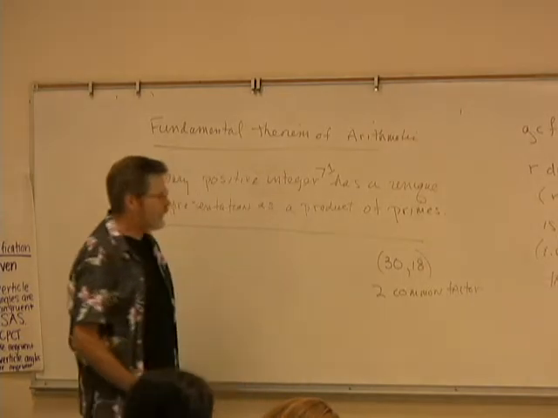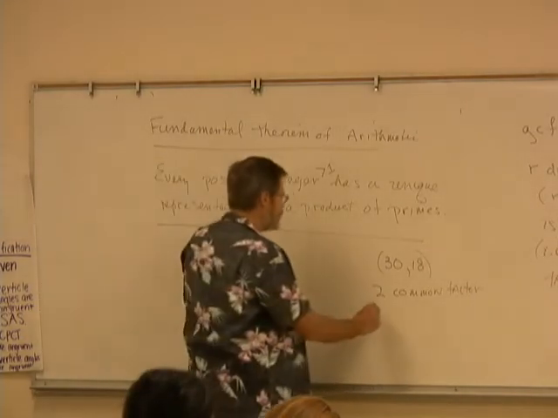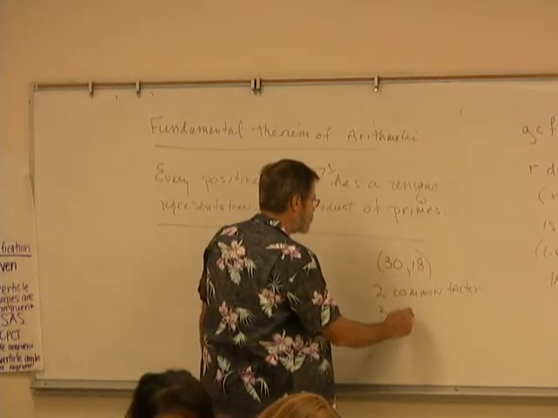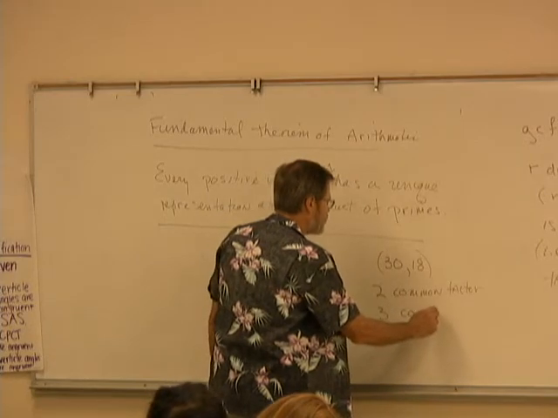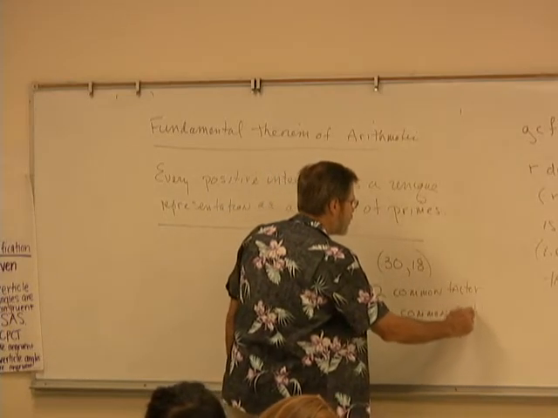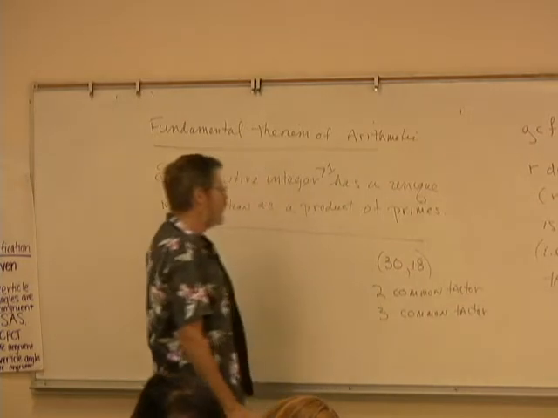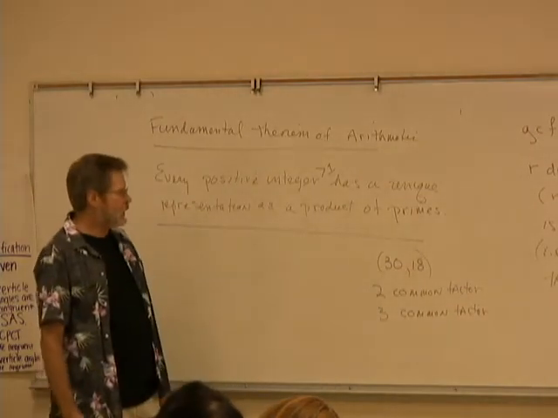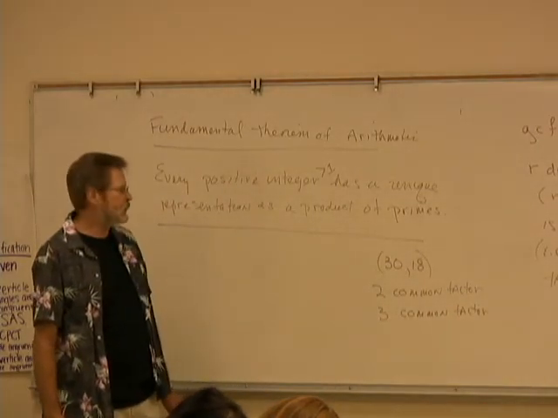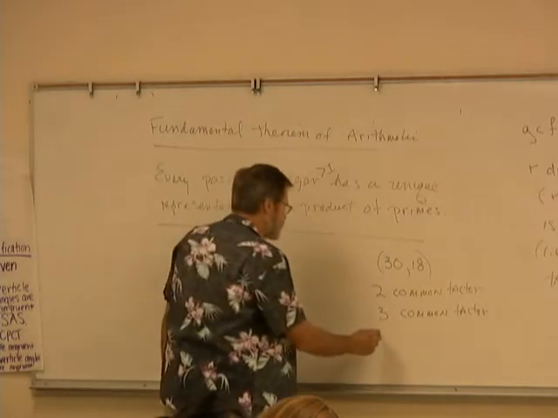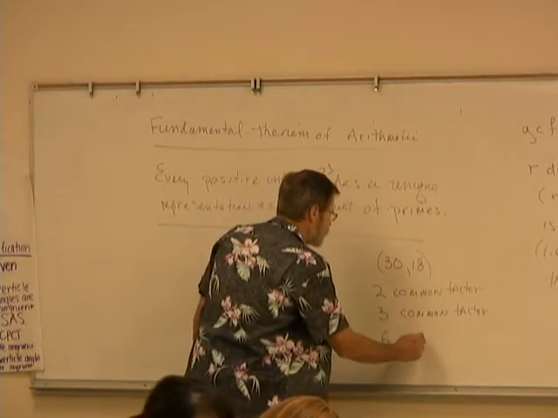Another choice which divides 30 and 18 is 3. So 3 is also a common factor. Another number which divides 30 and 18 is 6. 6 is also a common factor.